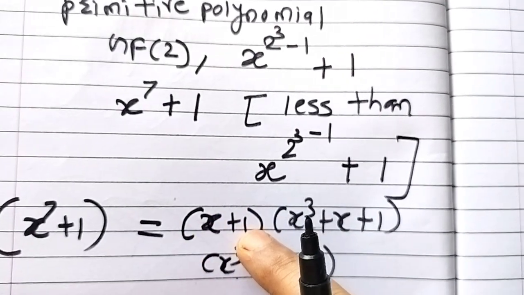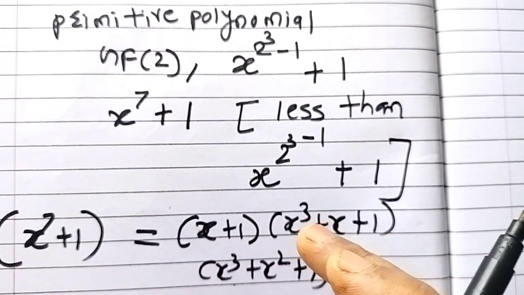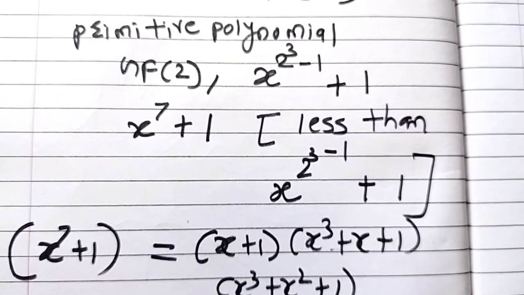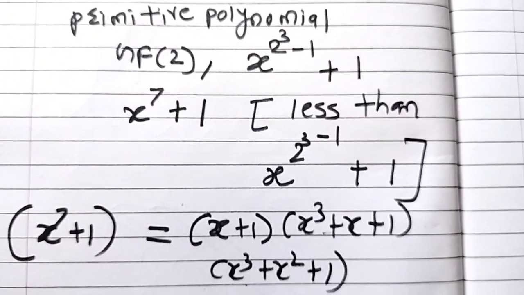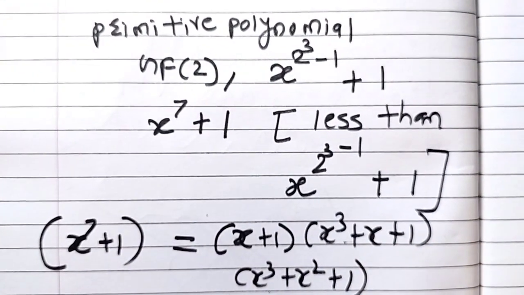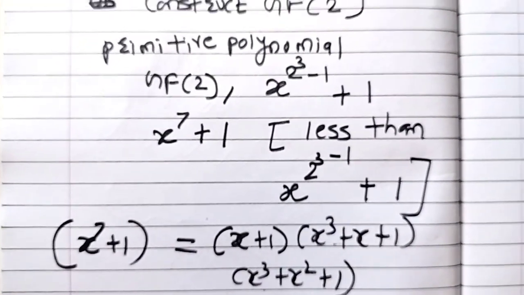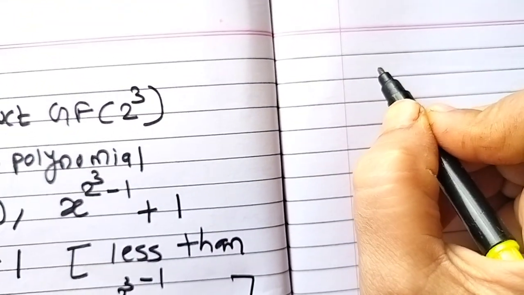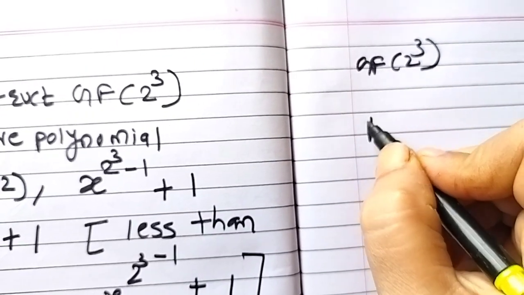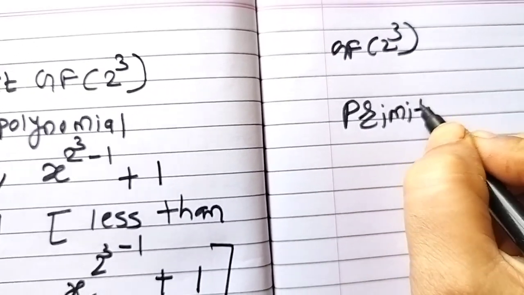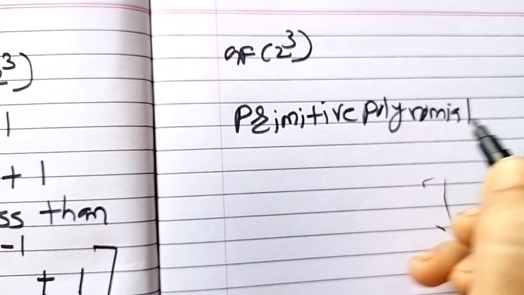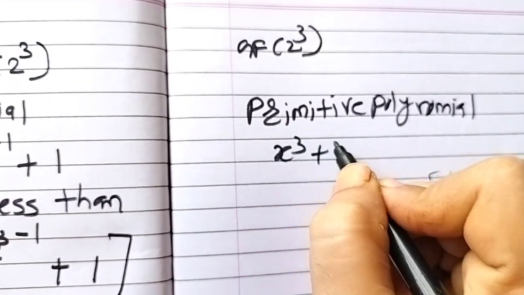You cannot take x plus 1, because you will not get the required solution, and that will not be a useful extension field. So for Galois field 2 raised to 3, we are taking the primitive polynomial equal to x cube plus x plus 1.